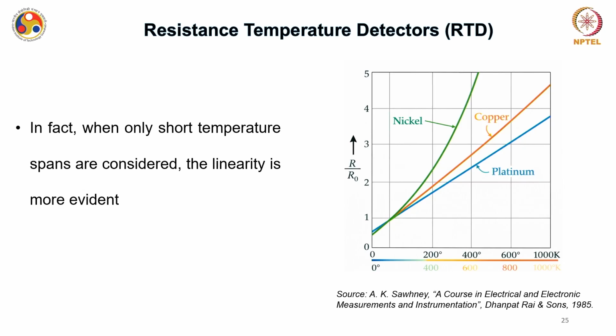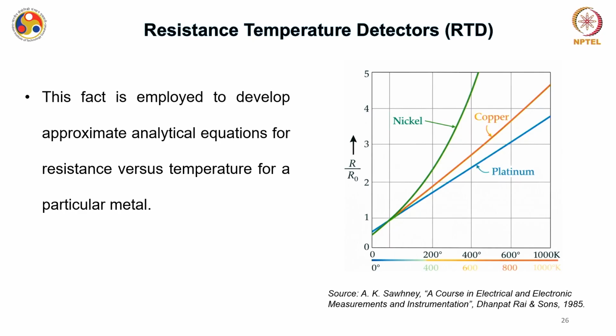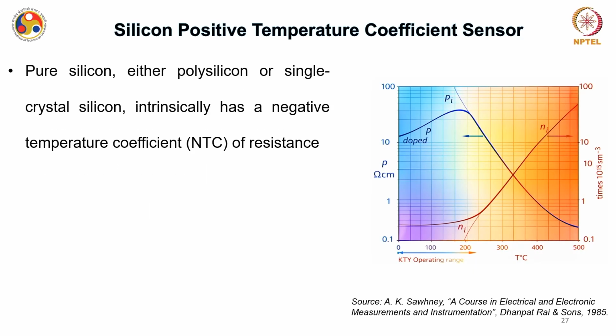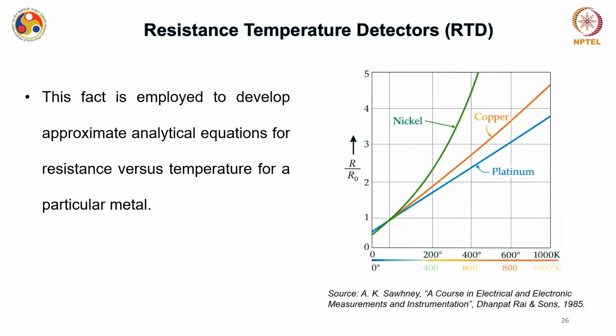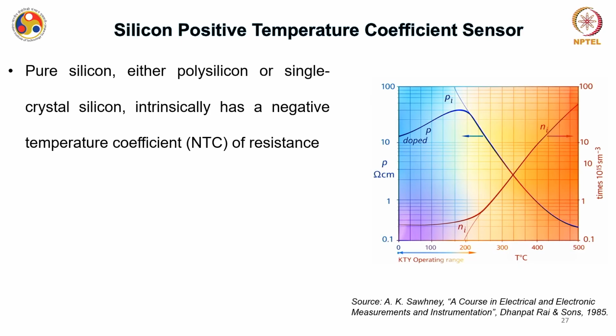When you consider short temperature spans, at least, they have better linearity, or linearity becomes more evident. This fact is employed to develop approximate analytical equations for resistance versus temperature for a particular metal, and you will get several equations for RTDs. However, the one that we have seen is the more generic equation, but depending on the model, the material and of course the temperature range, you may have more accurate equations.